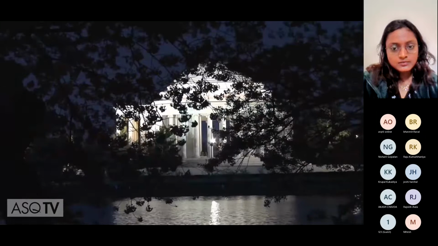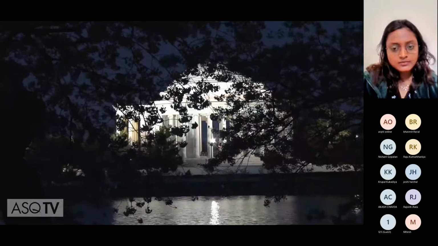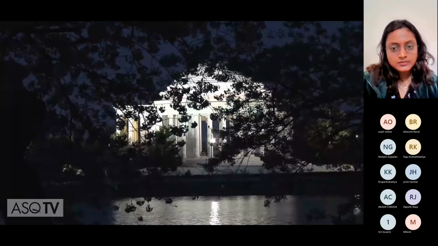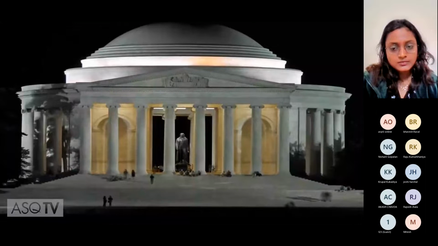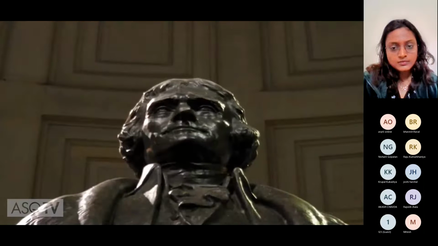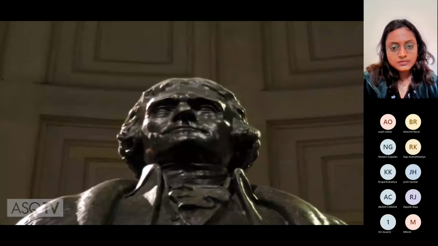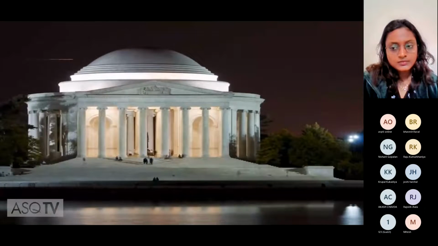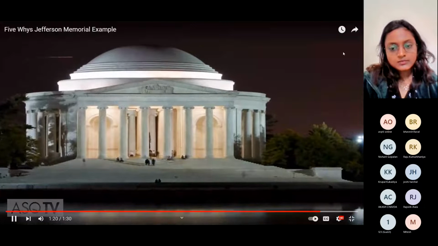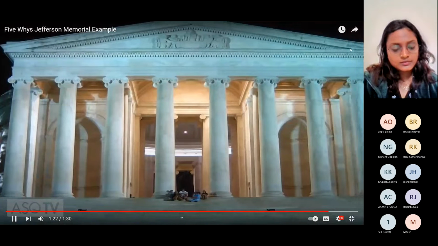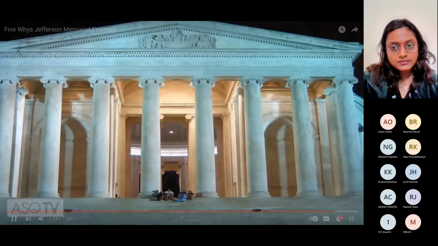The insects were reduced by 90%, and with the root cause removed, the excessive cleaning was no longer needed. An unexpected benefit was a cost savings realized by using less electricity. This highlights how root cause analysis can involve trial and error, and how the 5 whys isn't always limited to exactly 5 questions. Read more about root cause analysis and the Jefferson Memorial story at the link below.